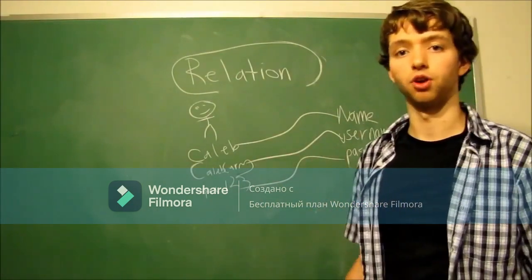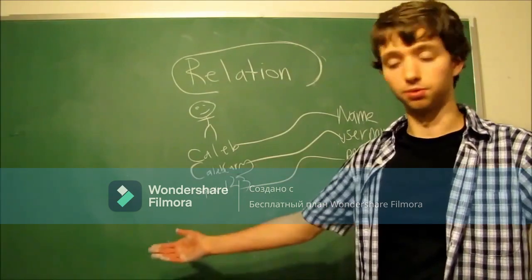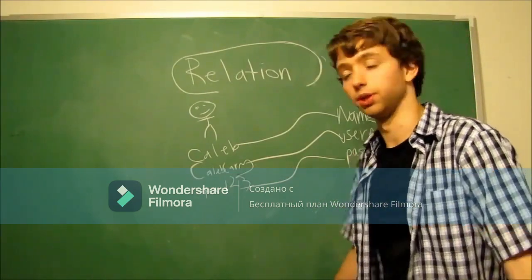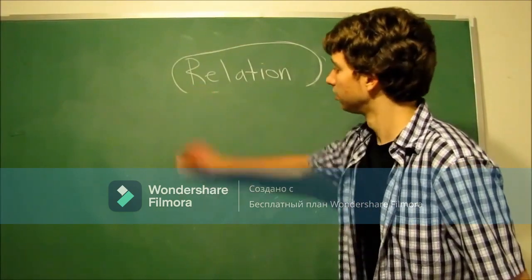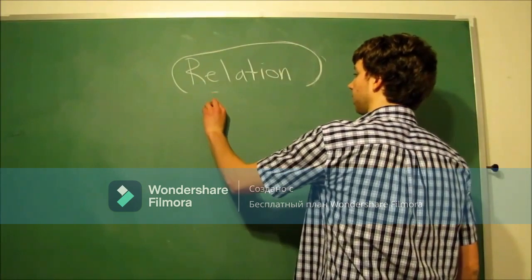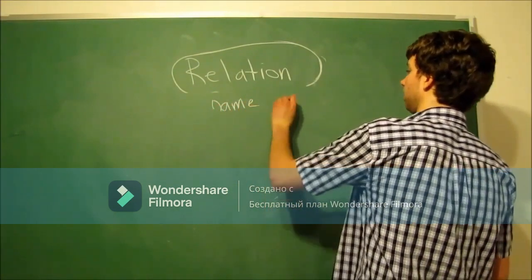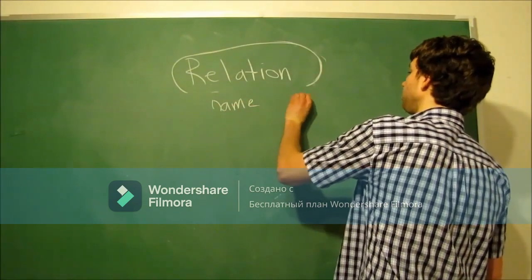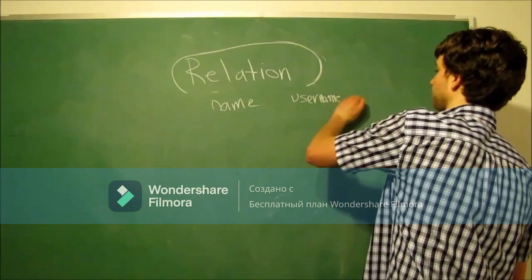That makes sense, although graphically it looks like a mess. So we store these in tables, which is exactly what we were doing with the relations. So up here in our columns, we have the name, and then the username, and then the password.